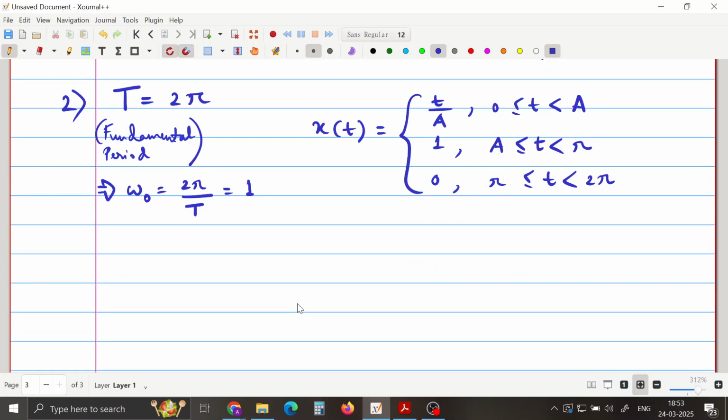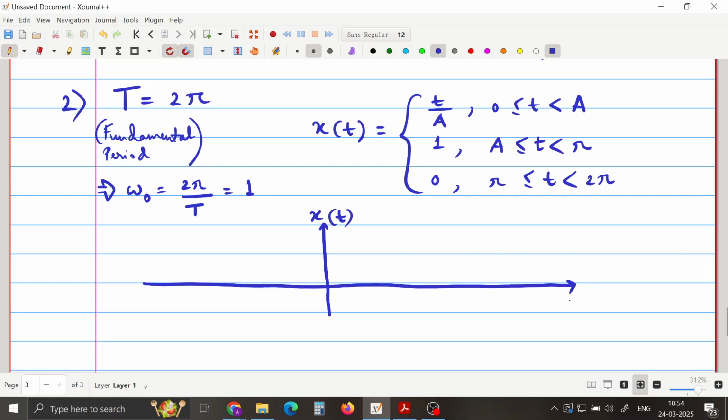So let us try to look at its graph. x of t is my function, and this is the time axis.